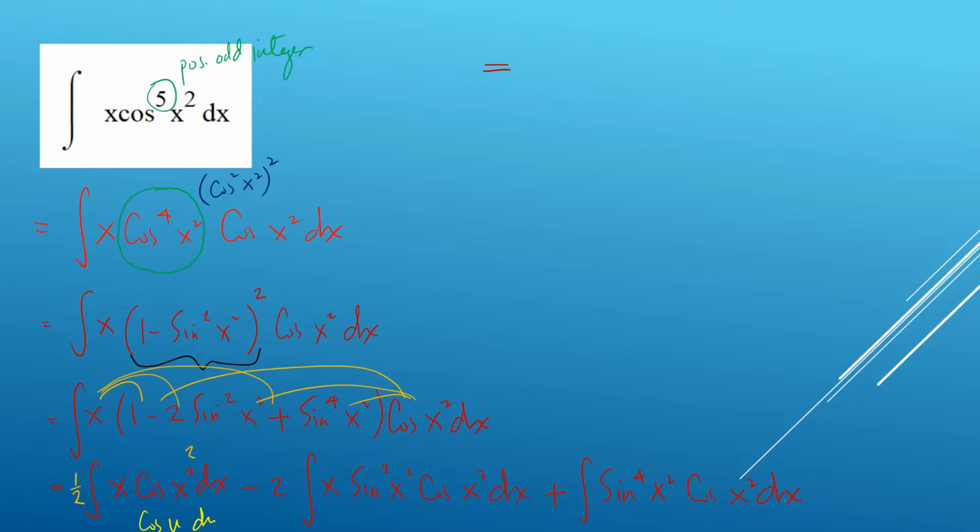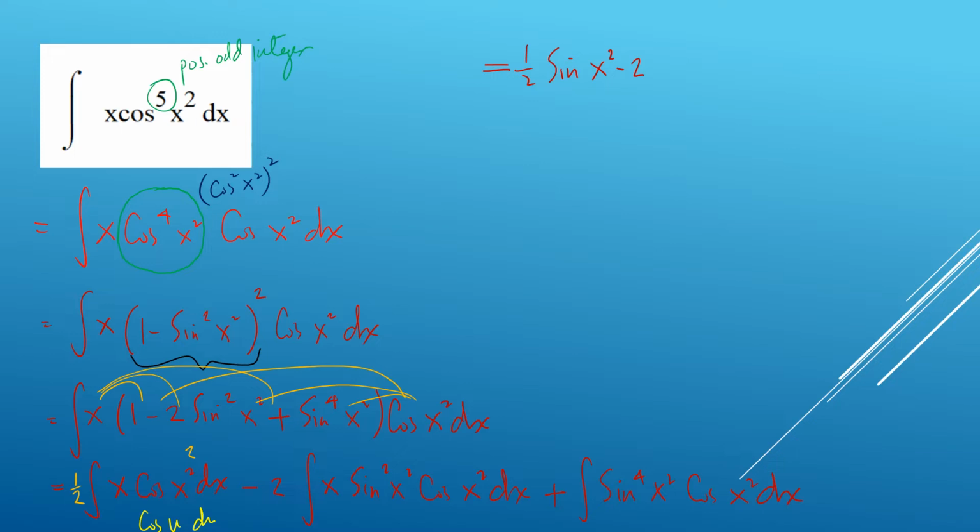So 1/2 integral of cosine u is sine of u, or sine x squared. Okay?